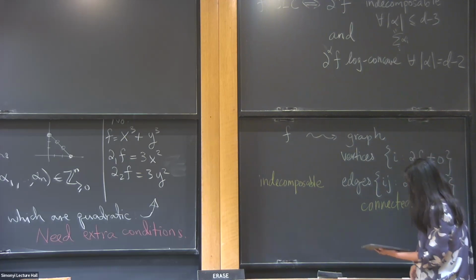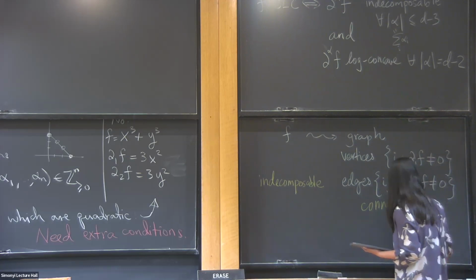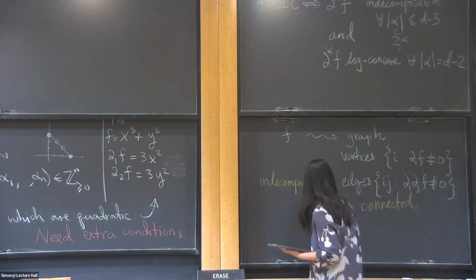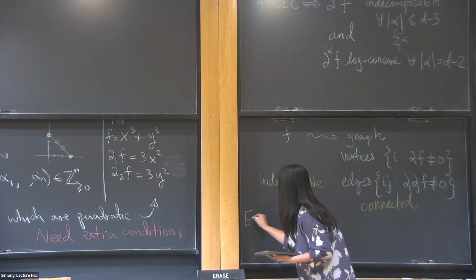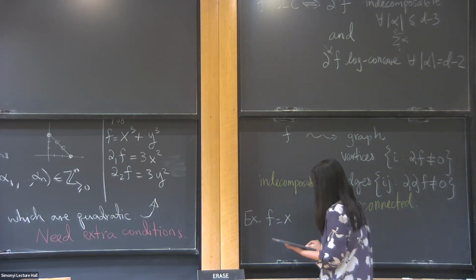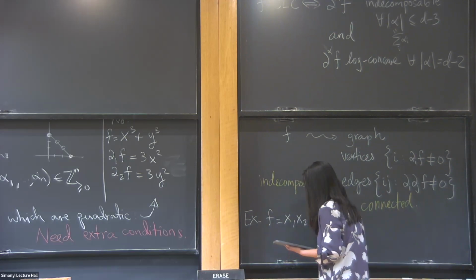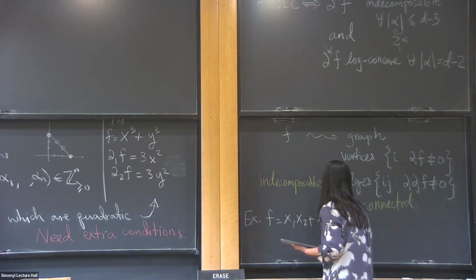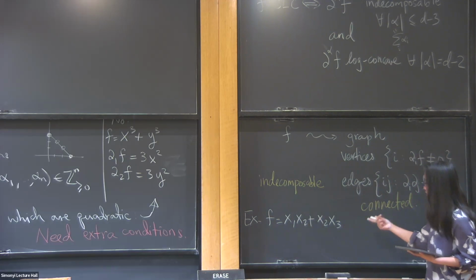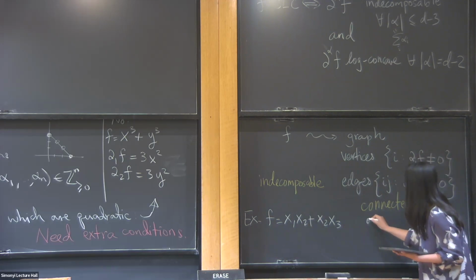Let's look at some examples. For example, if f is x1 x2 plus x2 x3, then with respect to each of the variables, the partial derivative is not identically 0.